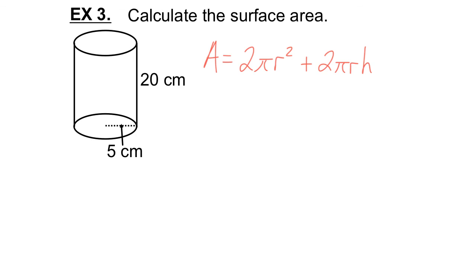So that's where the 2 pi r comes from. That's the circumference of the circle. So the length of our rectangle is the circumference of the circle multiplied by the height. So this is really just the area of the rectangle that we're left over with when we cut down the side and unroll the cylinder.